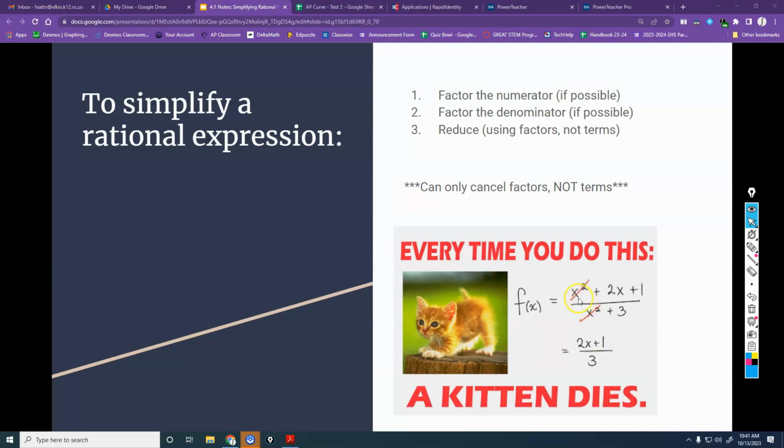What you cannot do is something like you see right here where you have x squared plus 2x plus 1 over x squared plus 3, and you just mark out those x squareds because you have an x squared on the top and the bottom. The reason that you cannot do that is because those terms are not multiplied.